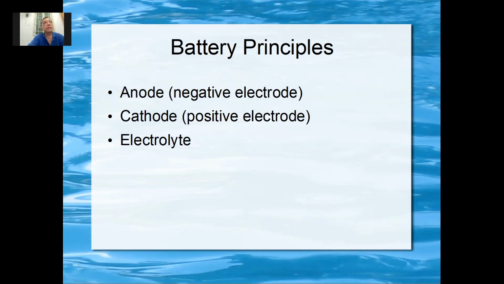Ions are charged atoms or molecules that move between the anode and cathode, that give you the electric flow. Of course, in some batteries, there's something in between they call a separator. That one is not discussed here. Basically, there are three things: anode, cathode, and electrolyte.